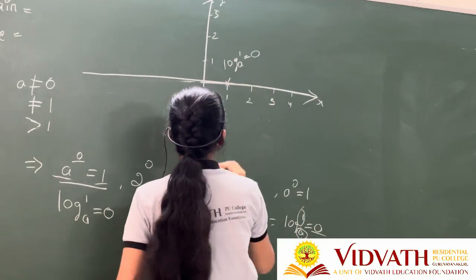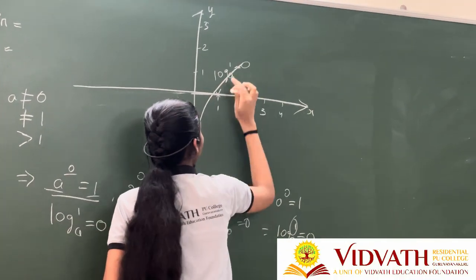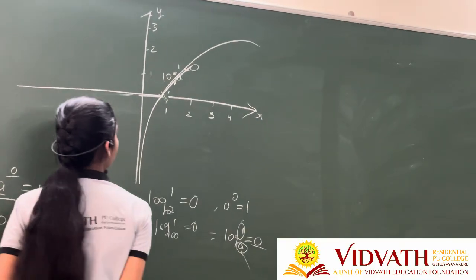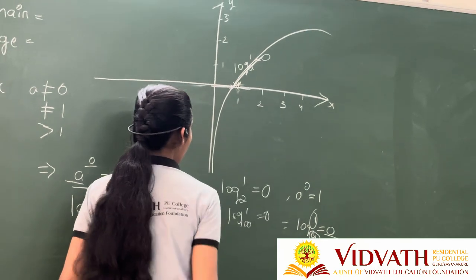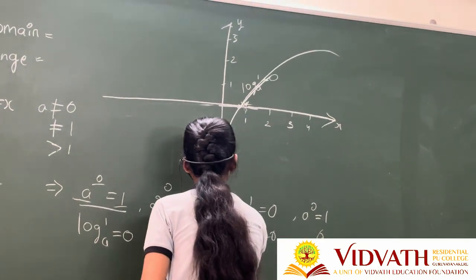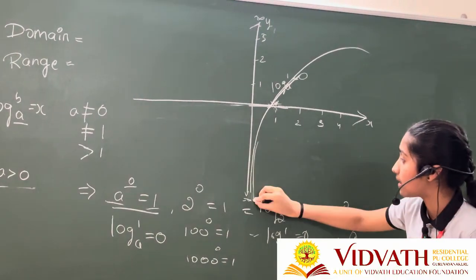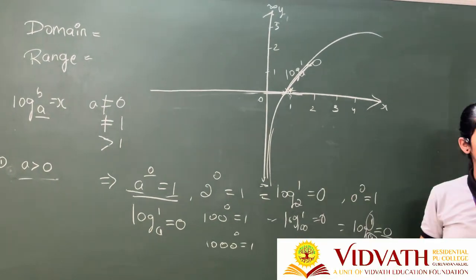It is an increasing graph. The logs of these numbers are very close to 0, but never become 0.